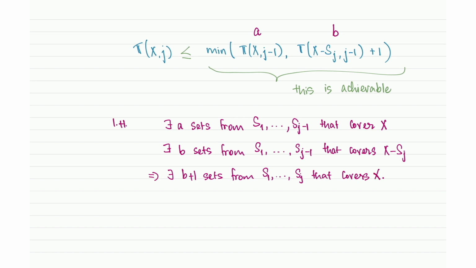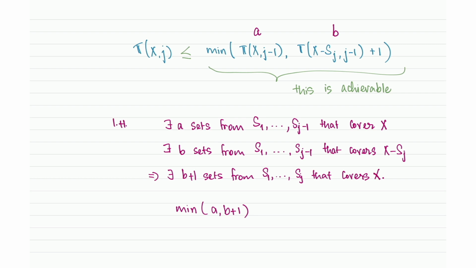So that's what we have from the induction hypothesis. We have solutions at our disposal that have sizes a and b plus 1. So in particular, we do have a solution whose size is the smaller of the two, because we have both of them. So clearly, this is an achievable estimate for sure.